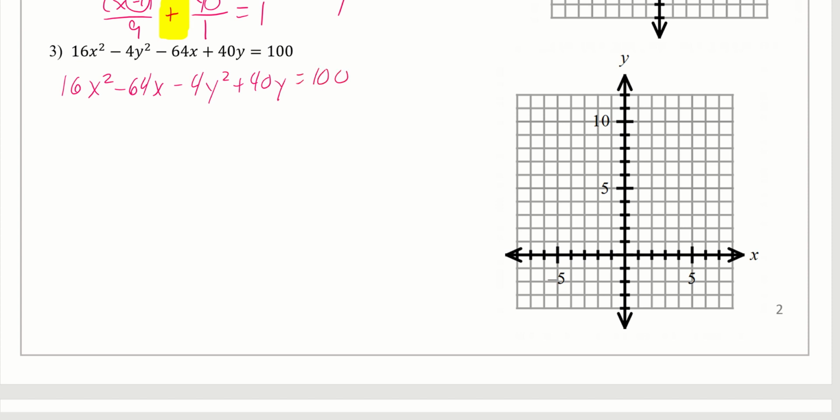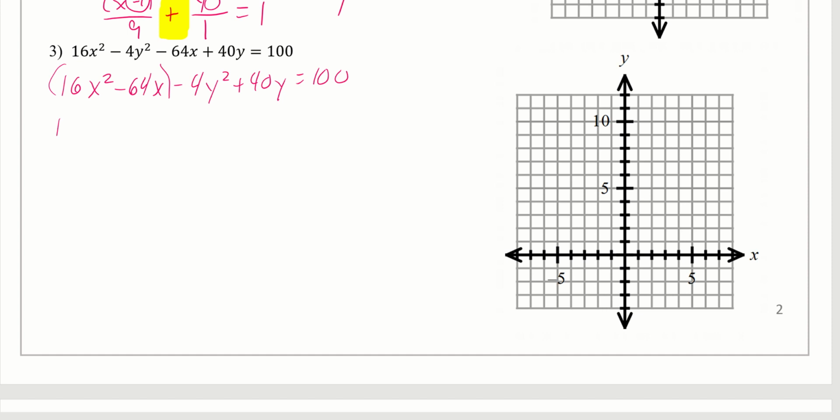Now, since both the y squared and the x squared have a coefficient other than 1 in front of them, we've got to take those out. So we're going to take out a GCF, but we don't take it out of the entire problem. We take it just per variable.